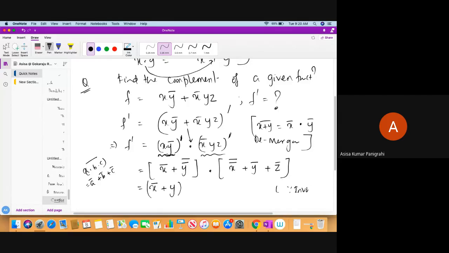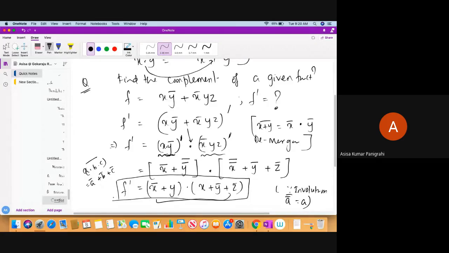What is involution, students? Involution is theorem number 3, I think, which is a bar's bar is a. Similarly, I can use here x bar's bar is x, y bar and z bar. So this is the final F bar. Do you all understand how to find out the complement of a given function?